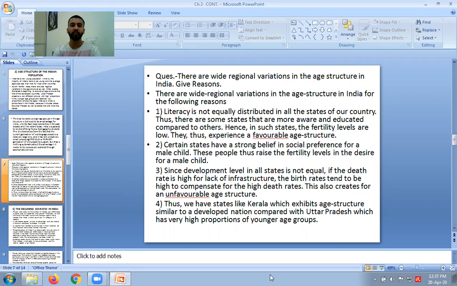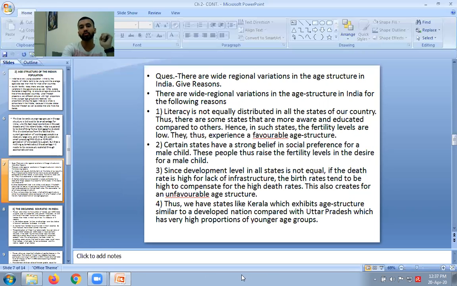We studied wide regional variations in size and growth of Indian population, and here we are studying wide regional variations in age structure. So what are the reasons why there are wide regional variations in the age structure in India? Number one reason, literacy.